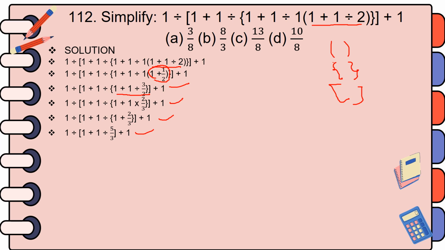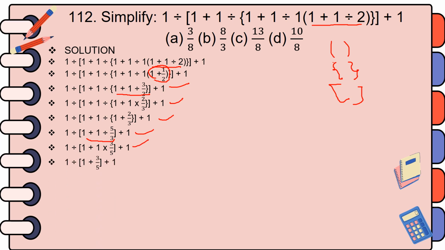Again, in a bracket we have these numbers with operations, then the first one to operate is the division, and 1 divided by 5 over 3 can be written as 1 times 3 over 5. Then the elements in the bracket can be written again as 1 plus 3 over 5, and you have this form of the equation.